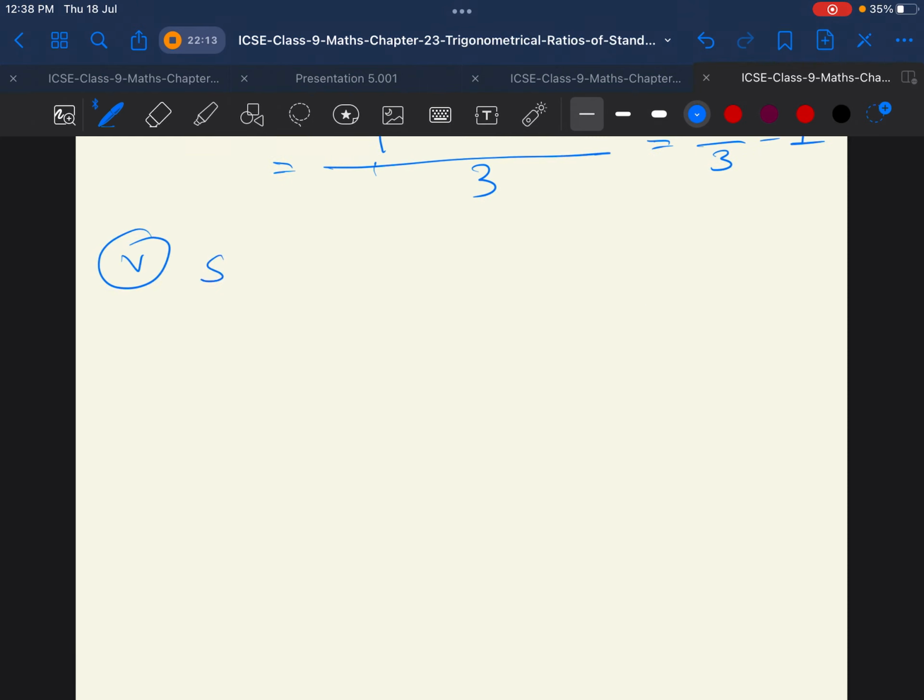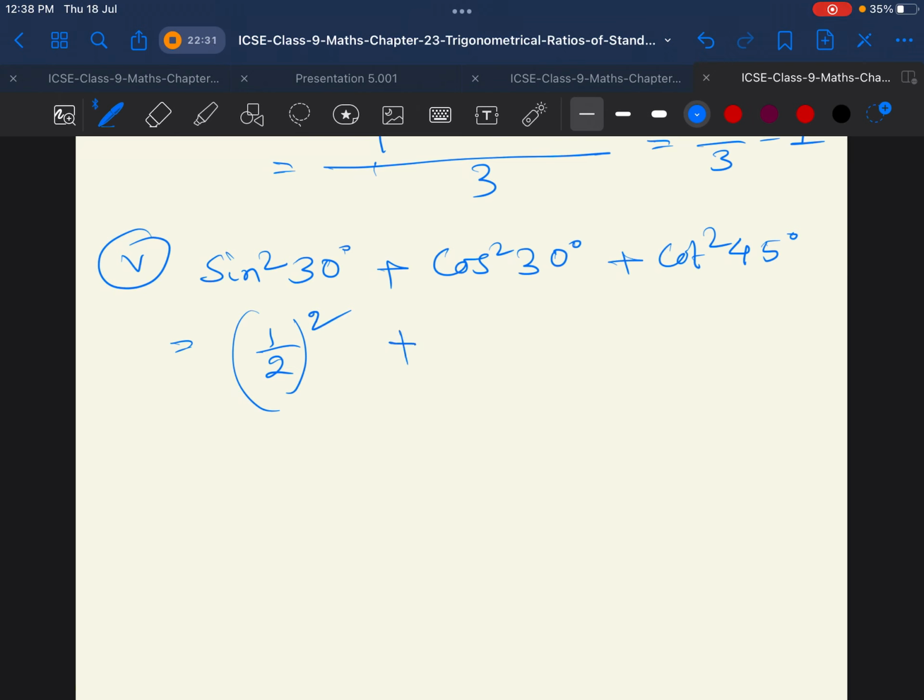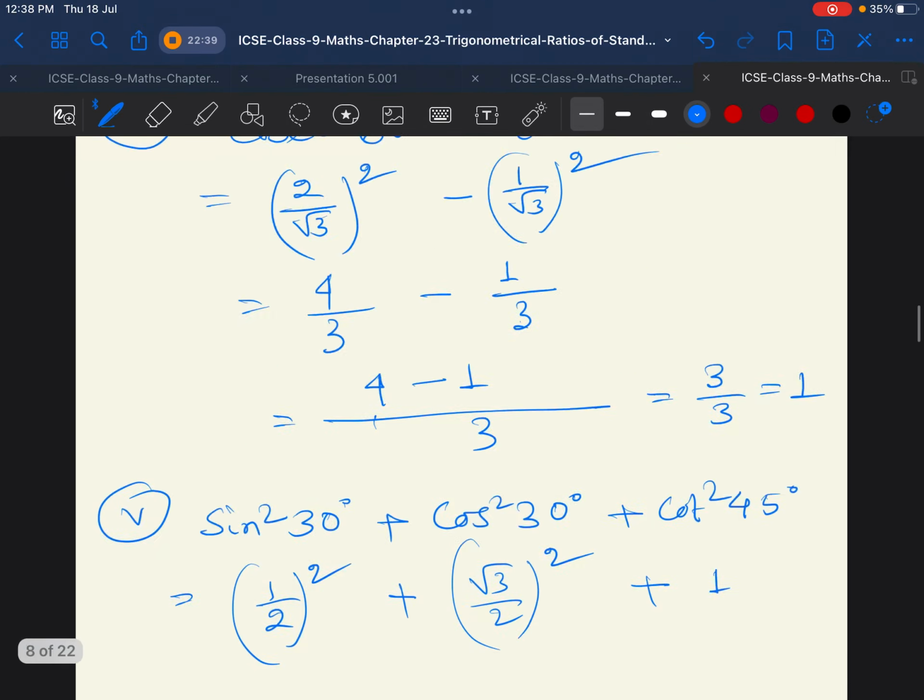Now question number 5. Sin square 30 degree plus cos square 30 degree plus cot square 45 degree. So sin 30 we know is 1 by 2 whole square plus cos 30 is root 3 by 2 whole square plus cot 45 we know is 1.